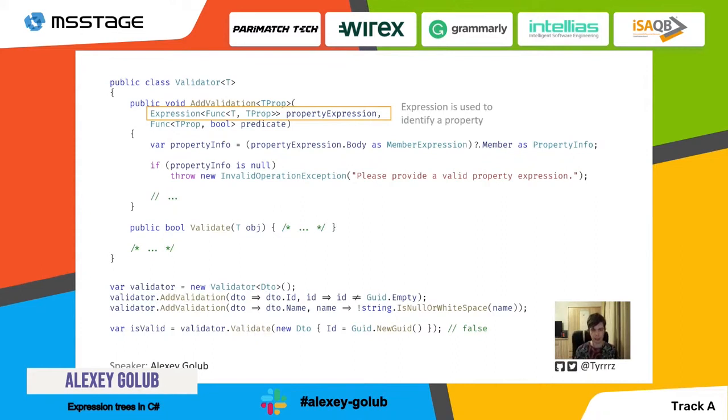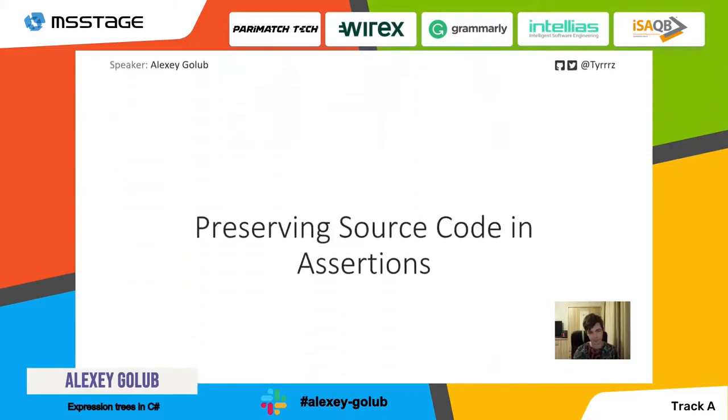So if we decide to do this, the delegate that returns the DTO ID, which is just used as an expression, will identify that the property is of type integer, but the delegate that checks whether the property is valid assumes that it's of type GUID because it compares it to GUID. And that will give us an error during compilation.